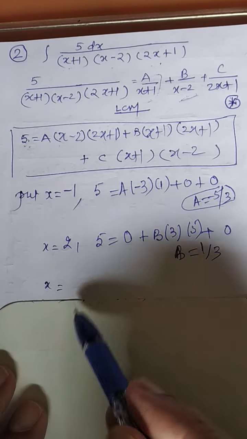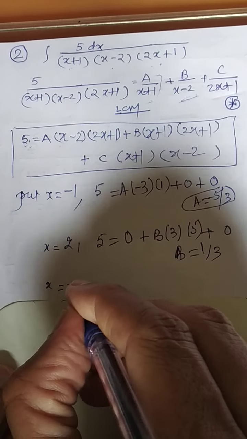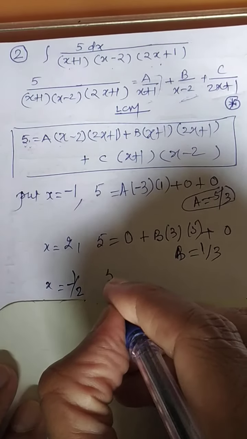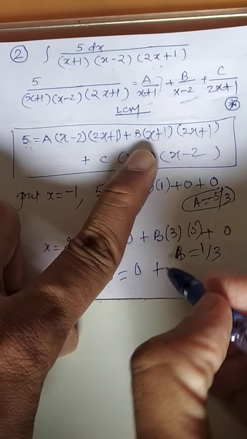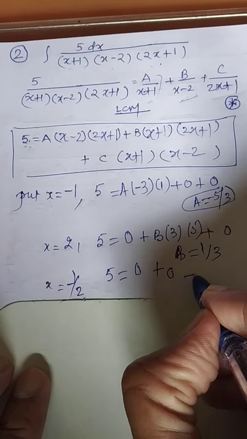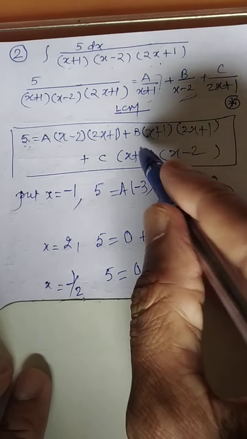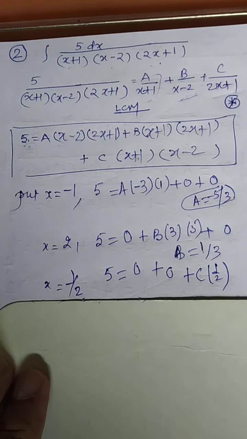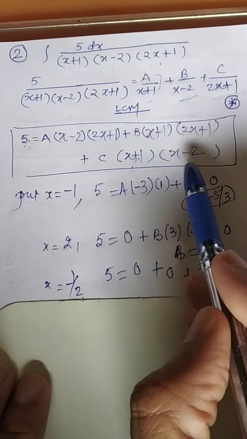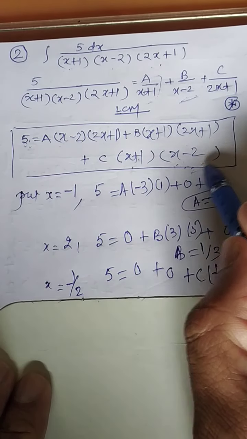Now third case, replace, here it is minus half. So it will be 5. Now first term will be 0 in the box, second term will also be 0, but you will get the third term, C into something. Minus half you are replacing, here it will be half, and minus 2.